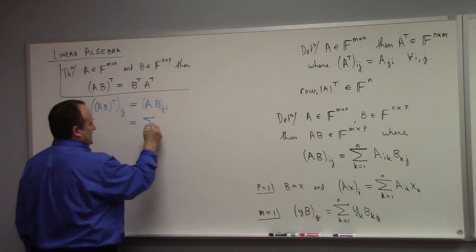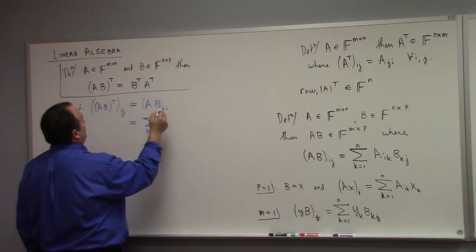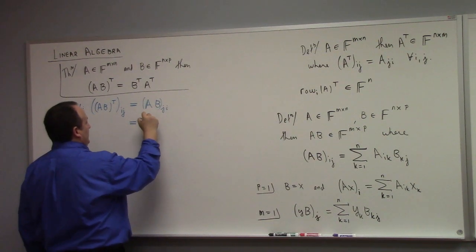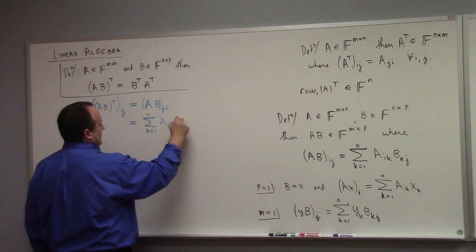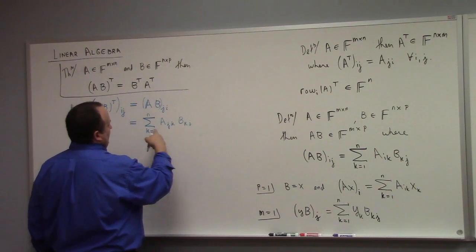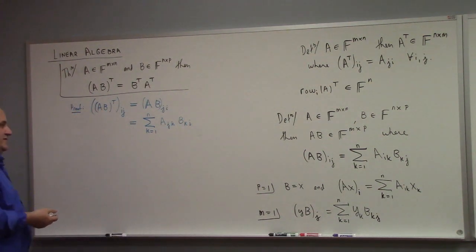So that's, by definition, the sum over k equals 1 to n, since A times B is defined that way, of A_jk B_ki. You know, putting the i first and the j second is not written in stone. Obviously, you know this. Those are just letters.